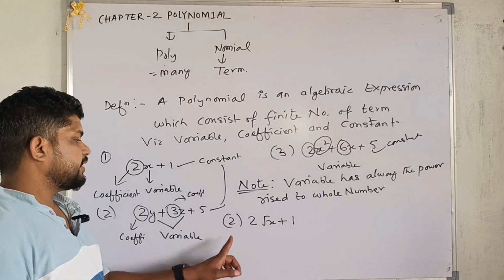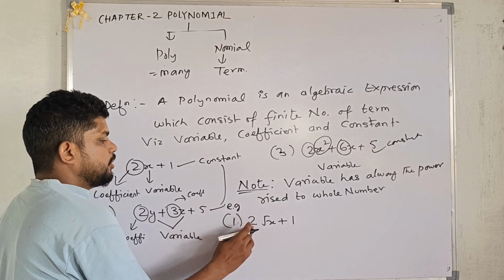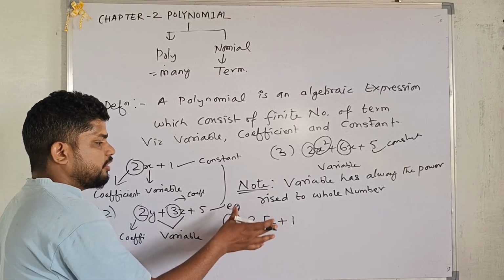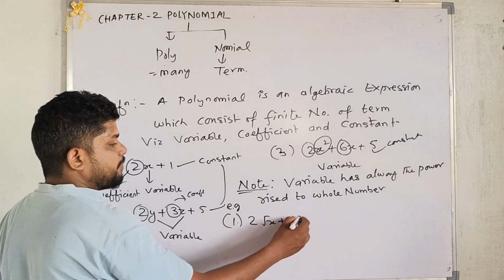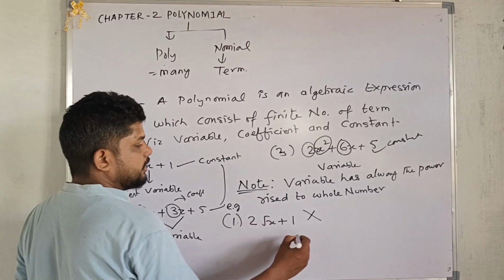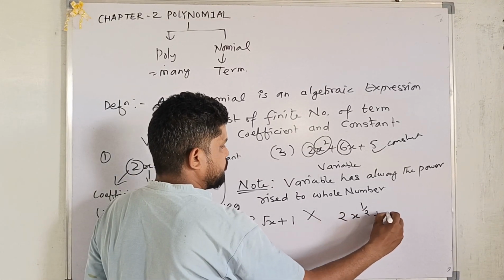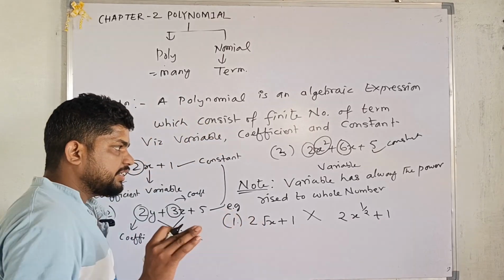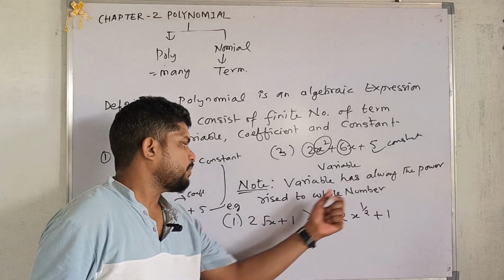Can we say that this example, 2 root x plus 1, is a polynomial? No. Here it will not be called a polynomial because this can be written as 2x to the power 1 by 2 plus 1. The condition says that the variable has always the power raised to a whole number.